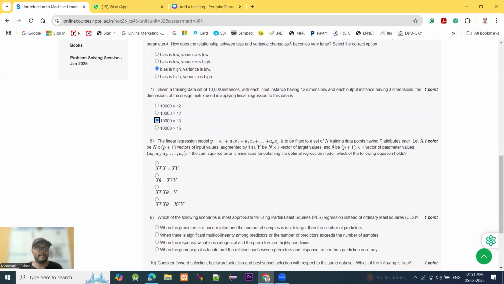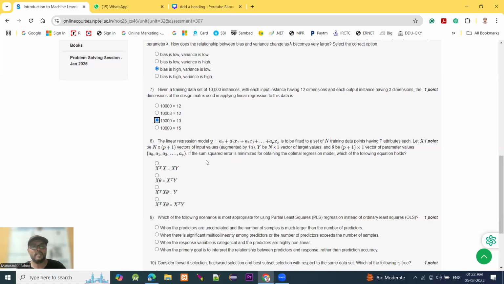Moving to question number 8, the linear regression model is to be fitted to a set of n training data points having p attributes each. Let X be the n into p plus 1 matrix of input values augmented by 1s, y be the n into 1 vector of target values, and theta be the p plus 1 into 1 vector of parameter values.